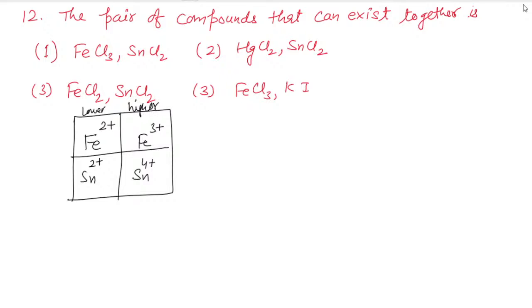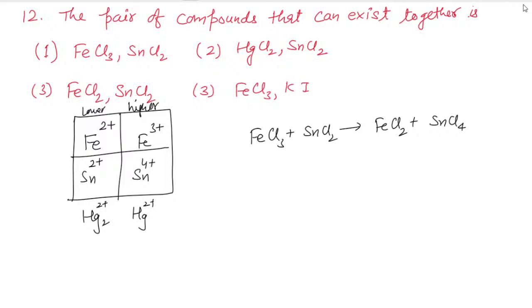So when we have FeCl3 along with SnCl2, there is a chance of formation of FeCl2 and SnCl4. Even Hg is there. Hg is 2 plus as well as Hg2 2 plus, means it is 1 plus and 2 plus.